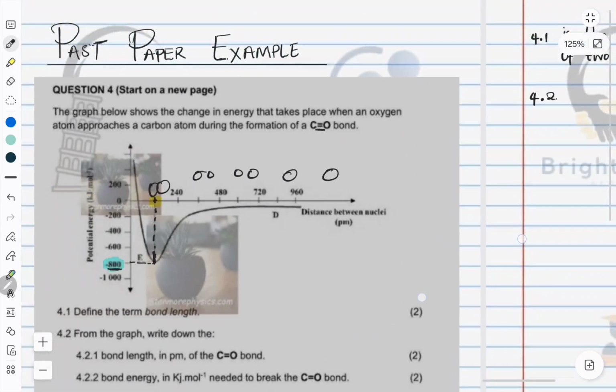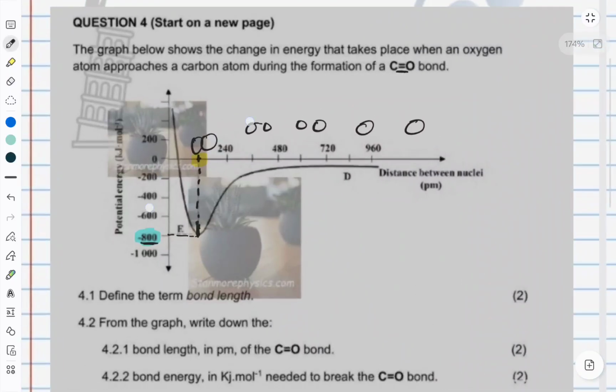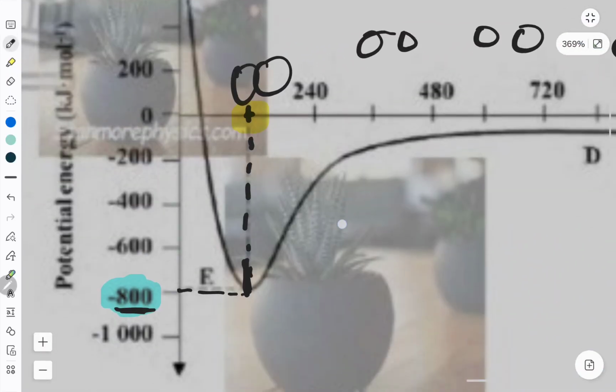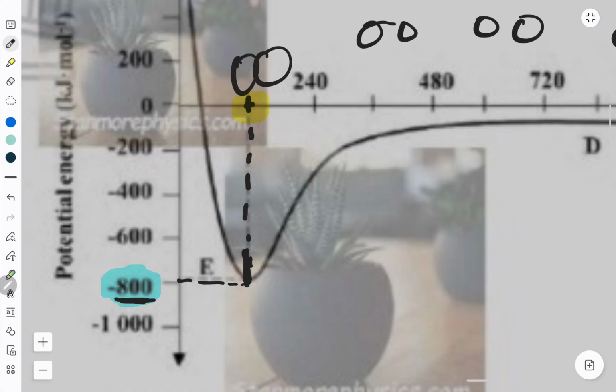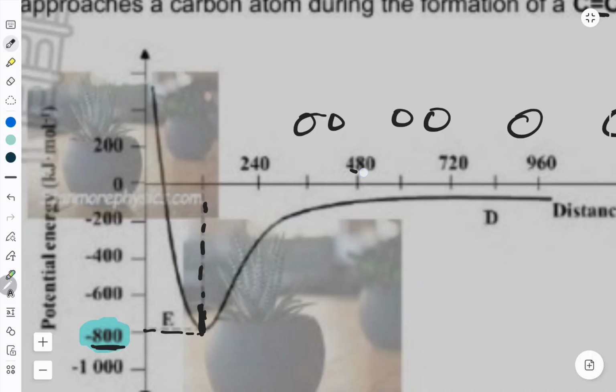4.2, from the graph, write down the bond length in picometers of the carbon-oxygen bond. Remember, we said bond length, we'll find it at the lowest possible energy. That's point E, right? So let's see how these lines are going. We have 240, 480, 720, 960.